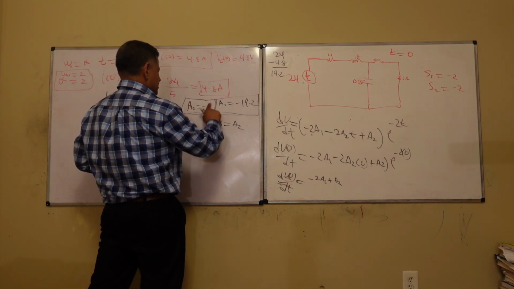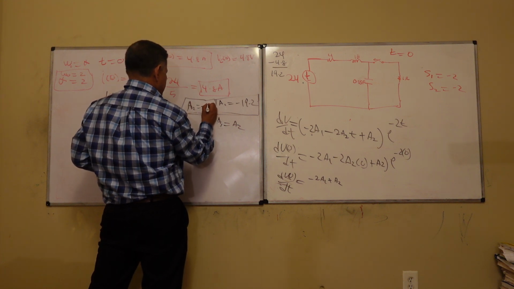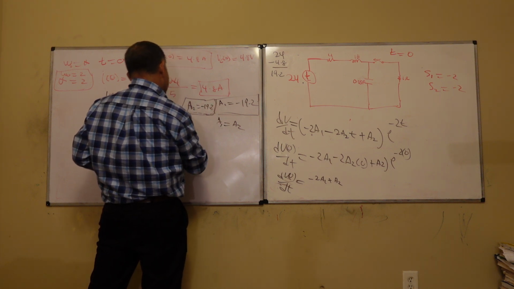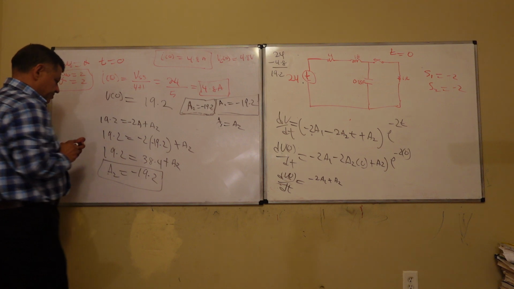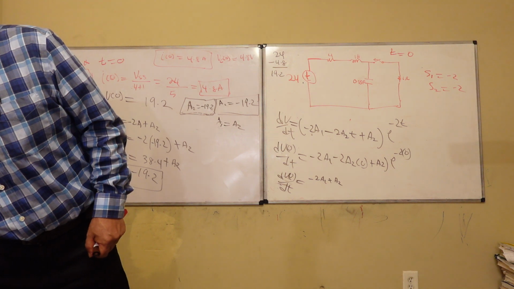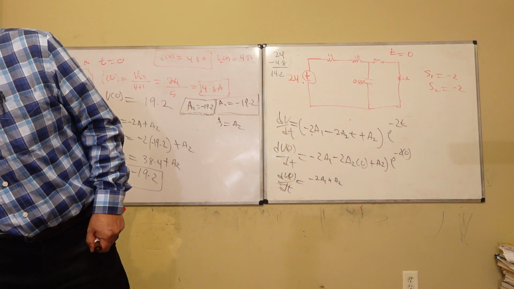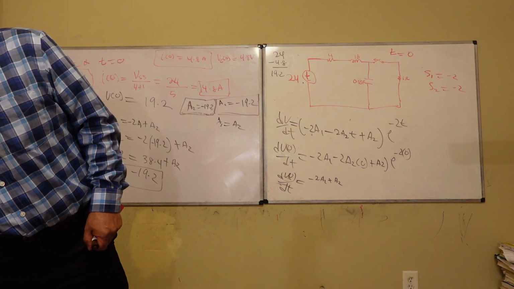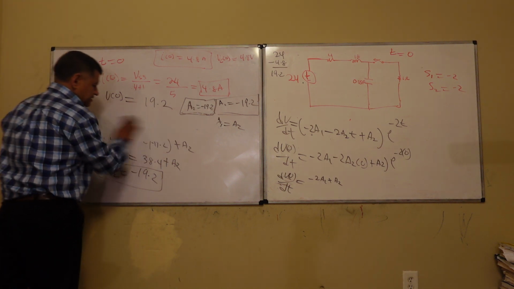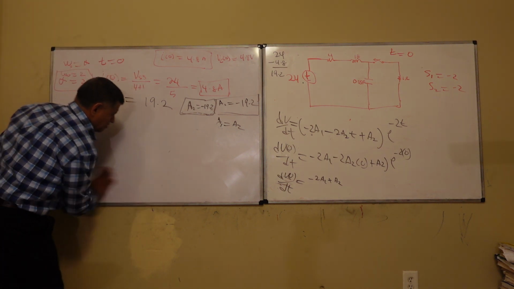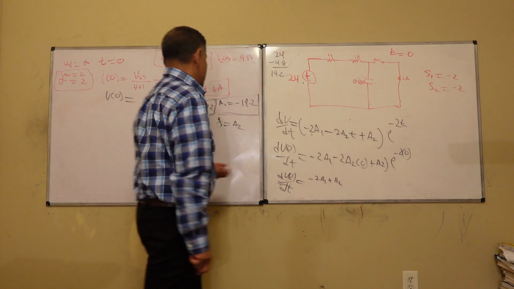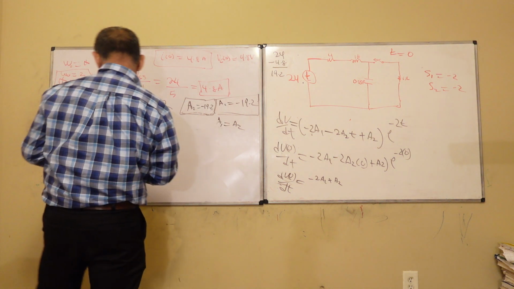Hopefully 0.2. Okay, so now almost there. How can we write this? We need to write the equation. B of t is equal to B steady state plus that, like the one that we had.